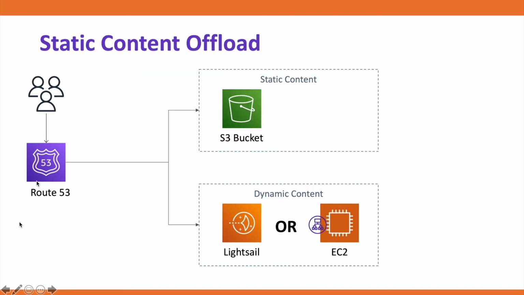The next thing that we have is static content offload. Any storage connected directly to the instance is more expensive than Amazon's Simple Storage Service. Amazon S3 is a scalable, reliable, and low-latency data storage service at a lower cost that could be used to store static content like CSS, JavaScript, and images.